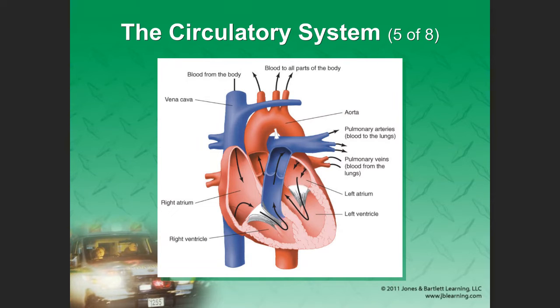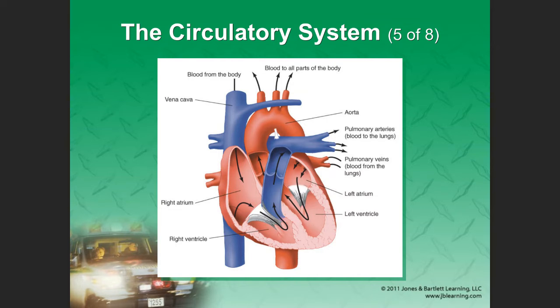Now, when that oxygenated blood enters the left atrium, it will contract and pump that blood through a valve into the left ventricle. The left ventricle is the largest chamber of the heart.